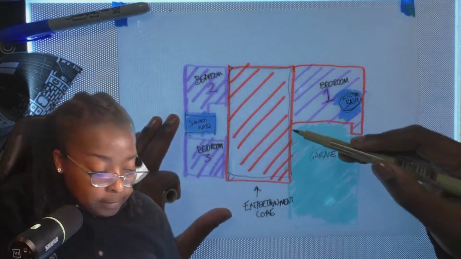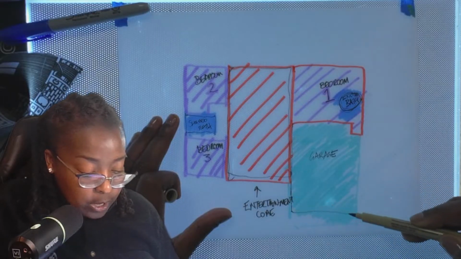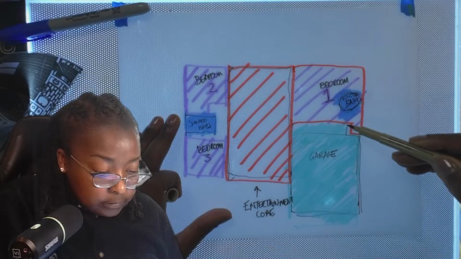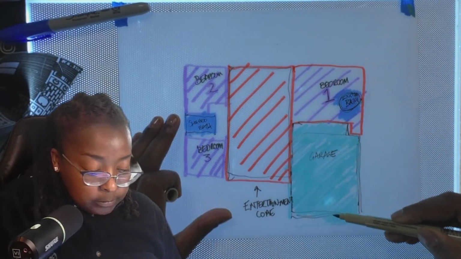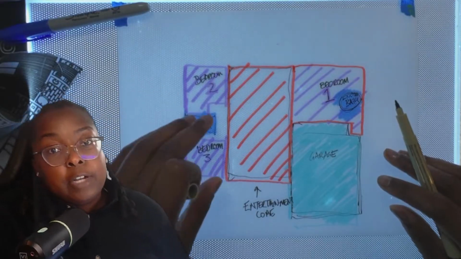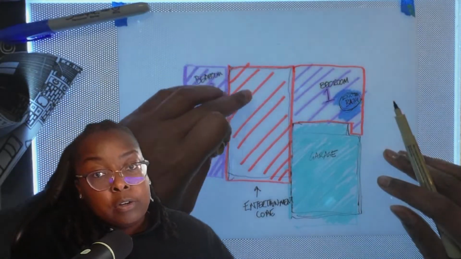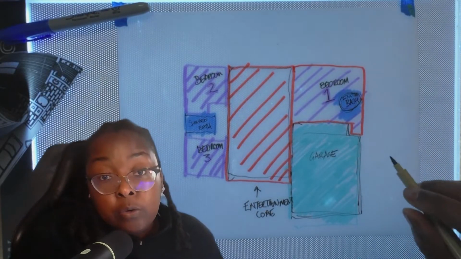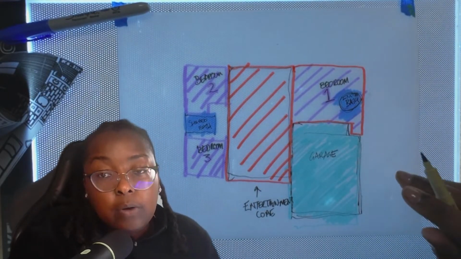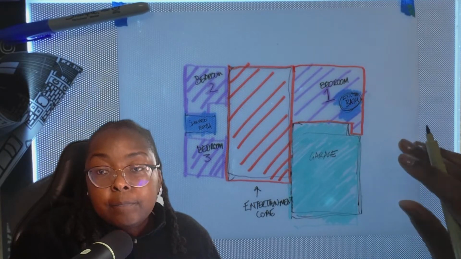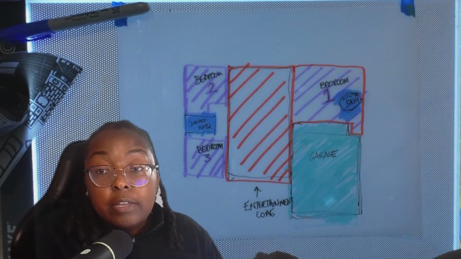And then this block here, which is the garage, I've seen in some case studies, this becomes an ADU for some homes where they're not able to convert this part of the home. They will convert the garage area into an ADU, which stands for accessory dwelling unit, sometimes known as in-law flats or granny flats.